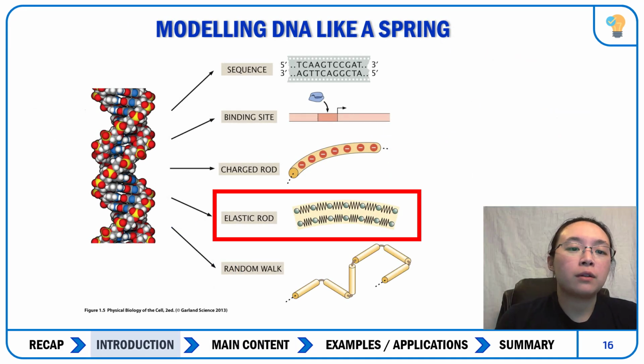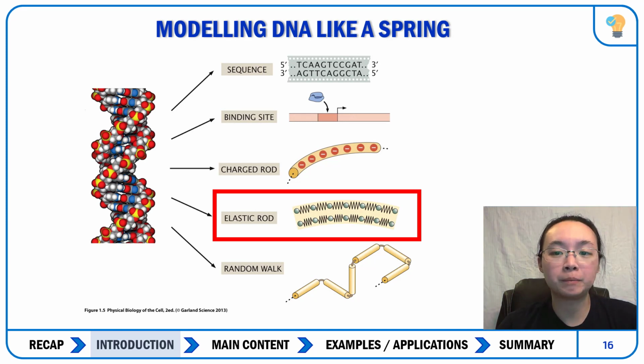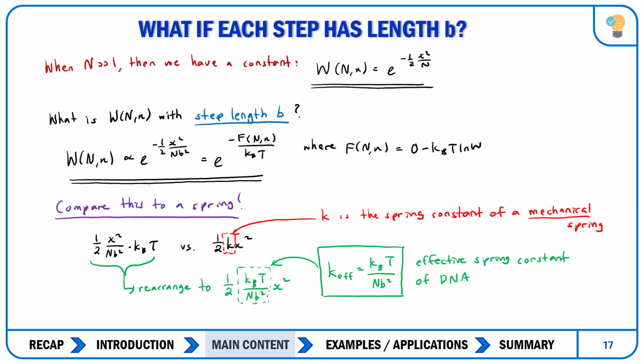After that, we took a look at modeling DNA like a spring. Specifically, we wanted to look at an effective spring constant. Without going into too much detail, because we've modeled our DNA as basically two sets of entropic springs, we can consider something called an effective spring constant, or an entropic spring constant, of DNA, which is given by this term.